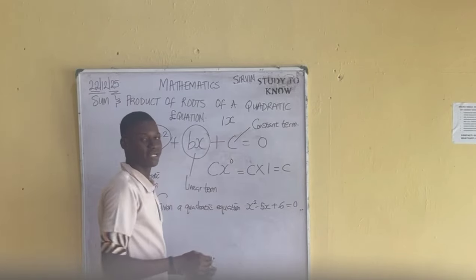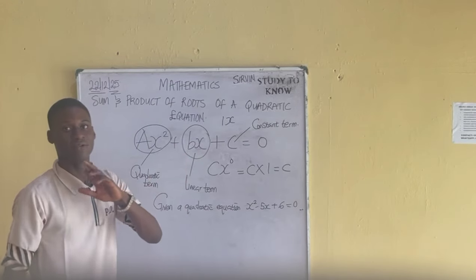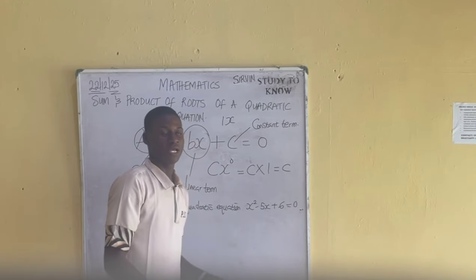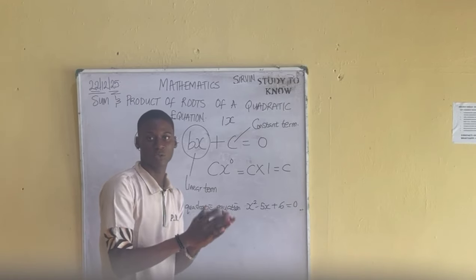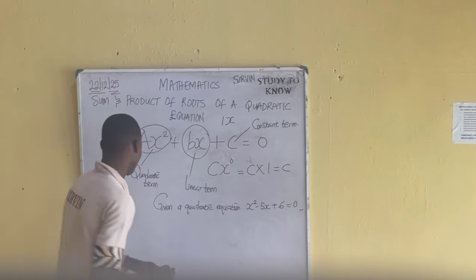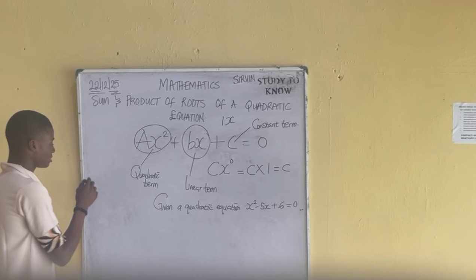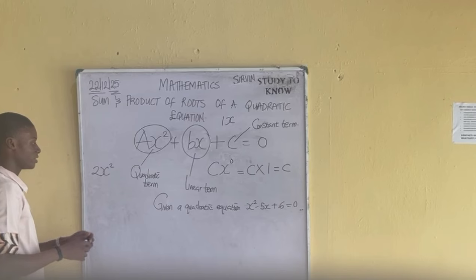Because 1 times any variable is still a variable. So whenever you are given any variable and you don't know the coefficient, provided it's on its own, the coefficient is what? 1. But if you are given a number higher than 1, let's say 2x squared, automatically the coefficient is what?